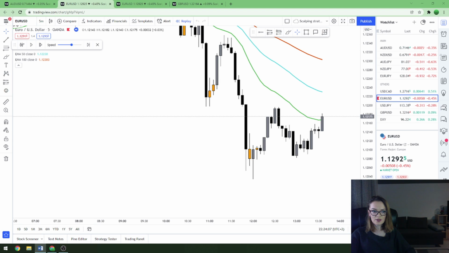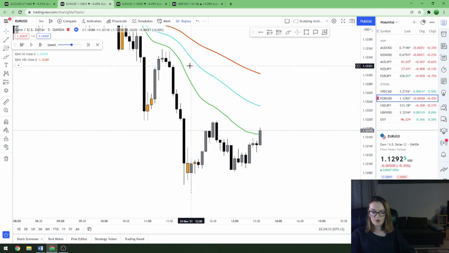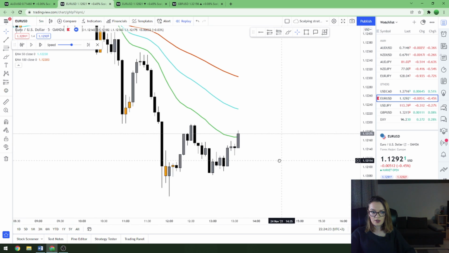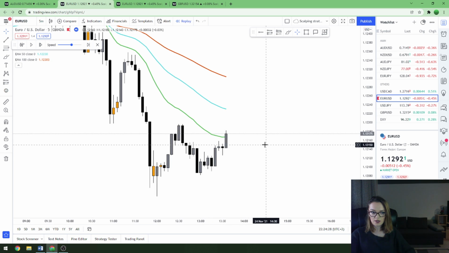Okay, now let's look for an example for a sell position. As we can see, all the three EMAs are heading downwards here, the candles are below the 25 EMA, and now we are waiting for this pullback that is going into the 25, or why not into the 50 EMA.